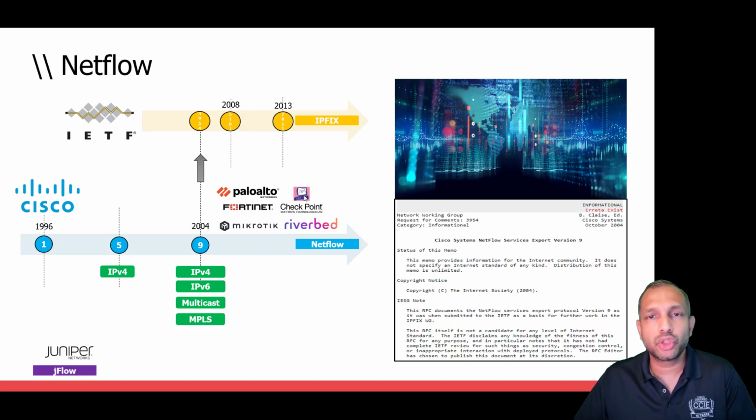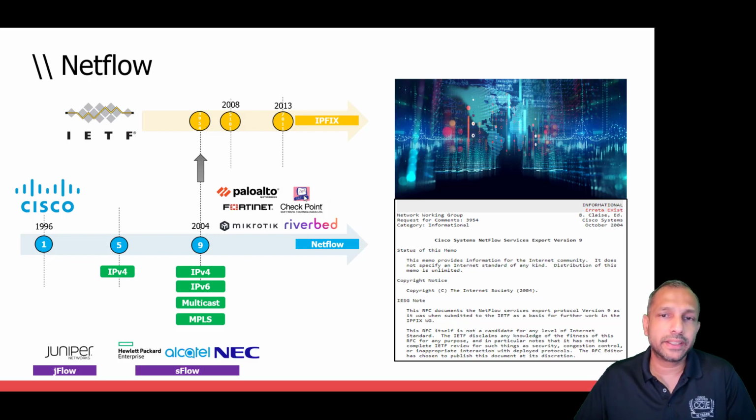Just to be aware, Juniper had JFlow, and some other vendors defined a technology called sFlow. Mainly HP, Alcatel, NEC, and many other vendors also supported sFlow. So as a flow collecting vendor, you don't want to limit yourself to only NetFlow. Most of the flow collectors today support IPFIX, NetFlow, and sFlow, or even JFlow, because they want to make sure their collector supports any of the flow exports.